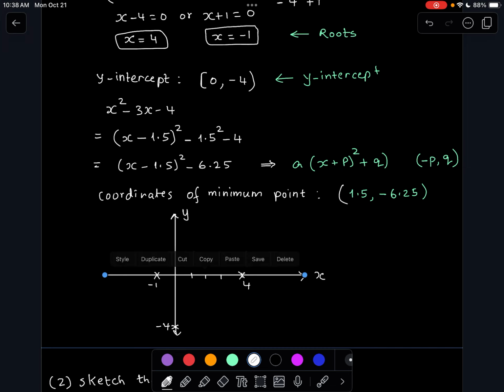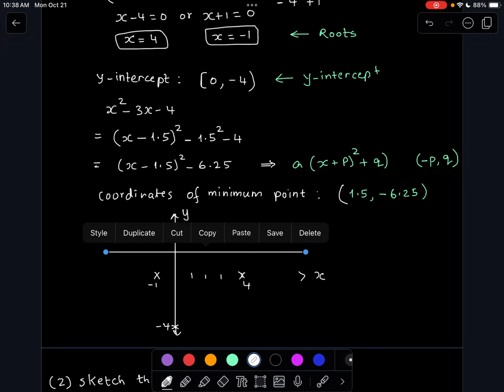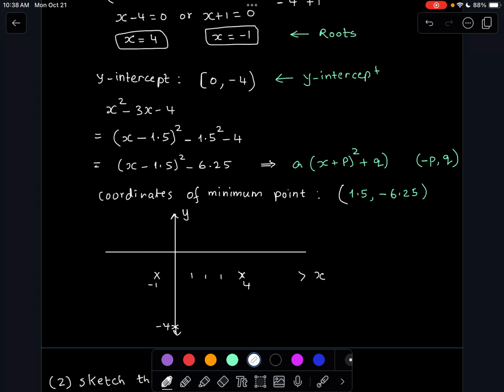Probably I just should need to move this slightly up so that I have some space here. Apologies for that. It's -1, 4. Let's erase this off so that I have some space for the vertex as well.